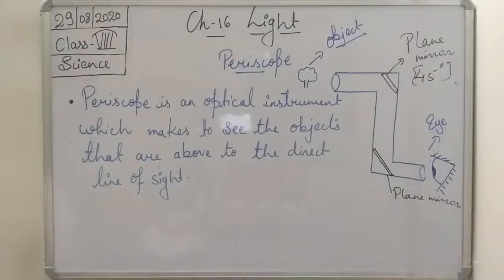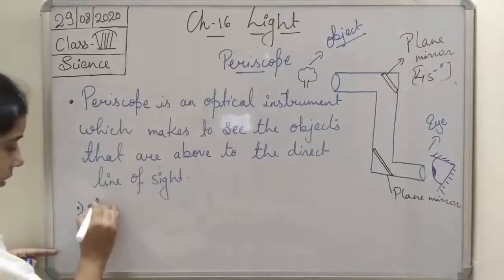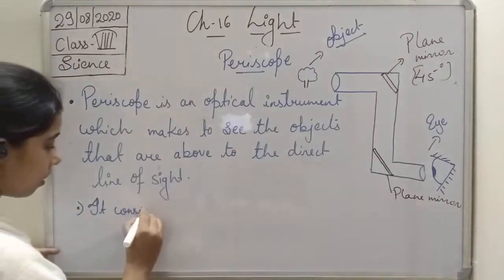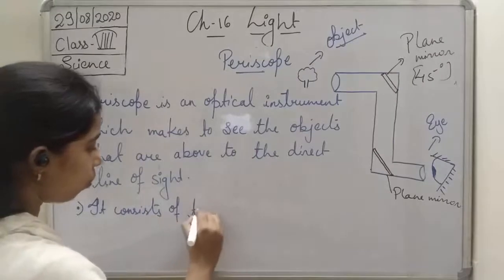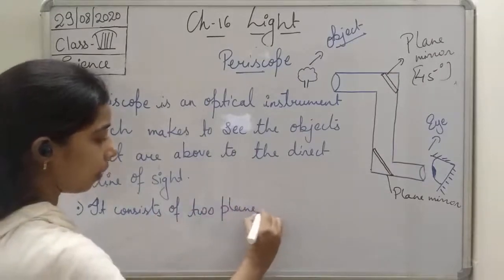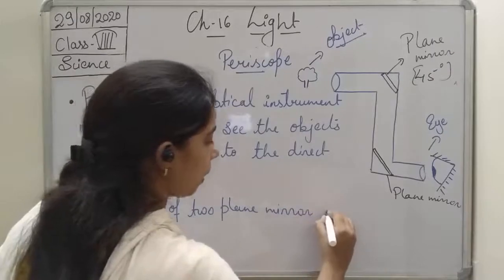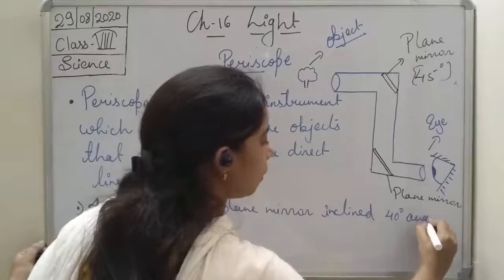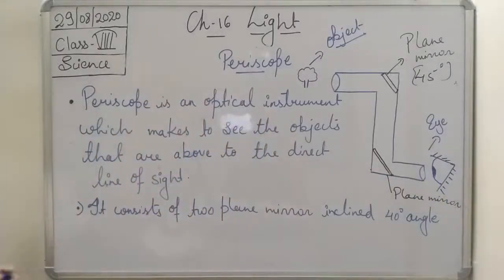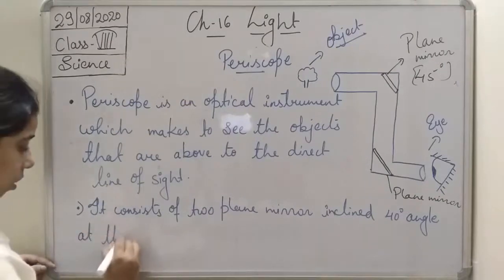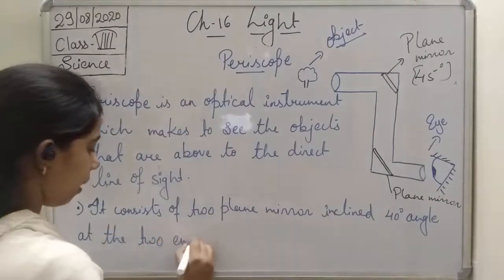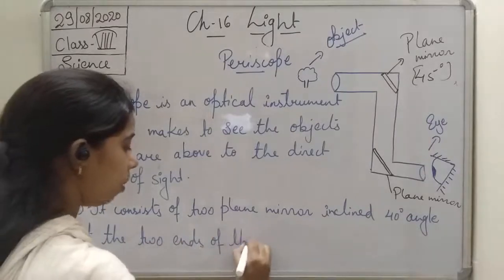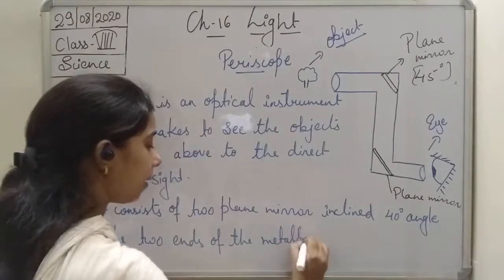So we can write that it consists of two plane mirrors inclined at a 45 degree angle at the two ends of the metallic pipe.